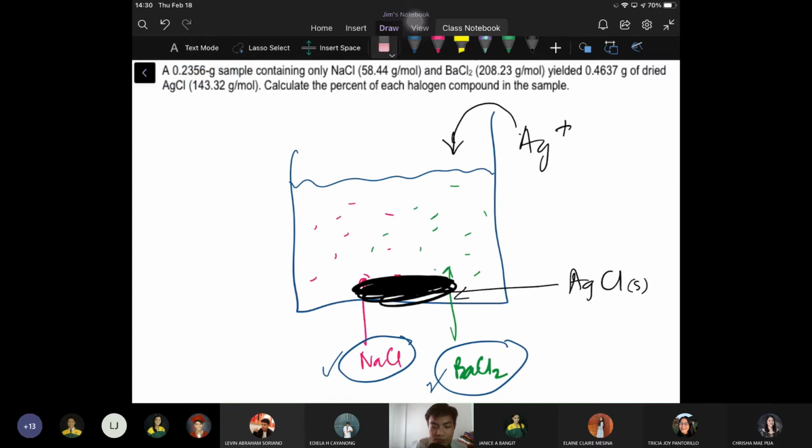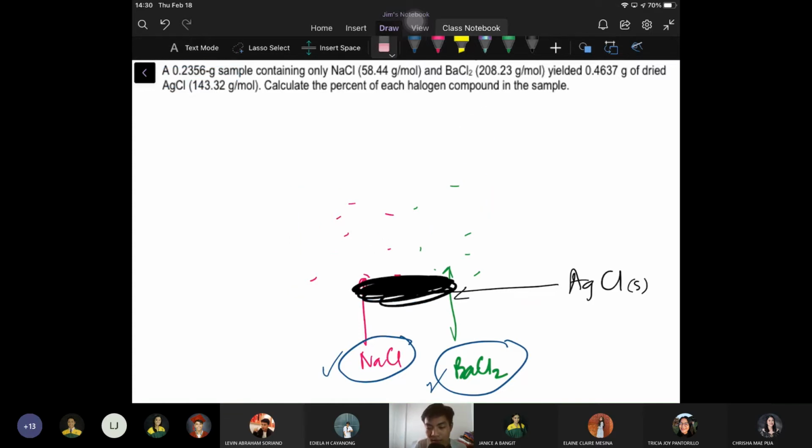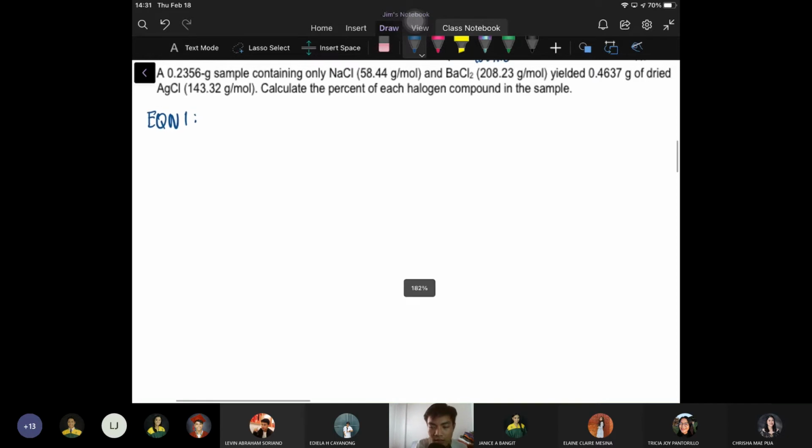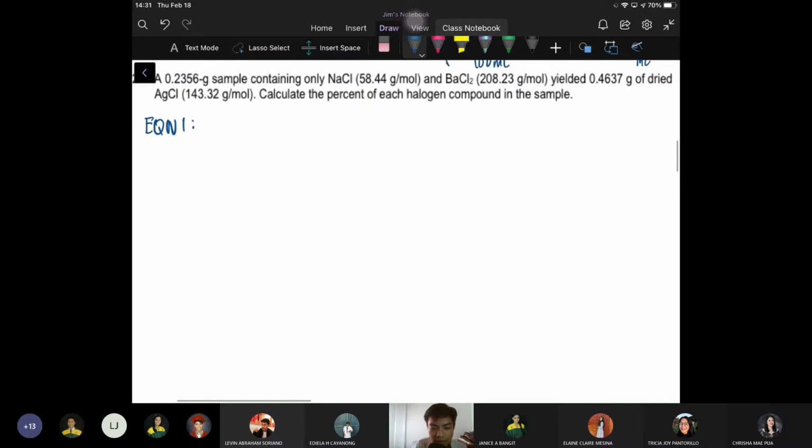Ngayon, let's convert those ideas into mathematical equation para masagutan na natin. So, equation number 1. Ano yung equation number 1 natin? Our equation number 1 will always tell us about the original sample source natin.